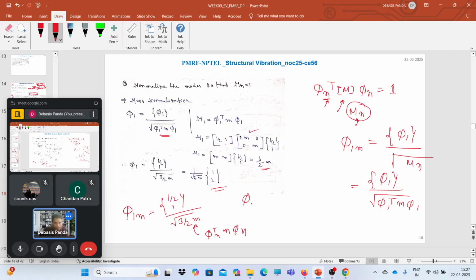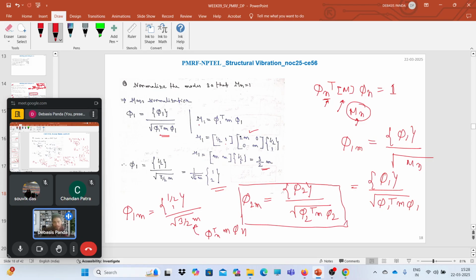For phi 2, again, what you need to do is calculate phi 2 divided by the square root of phi 2 transpose M phi 2. So you will get the second mass normalized mode shape. Now, how to check them?